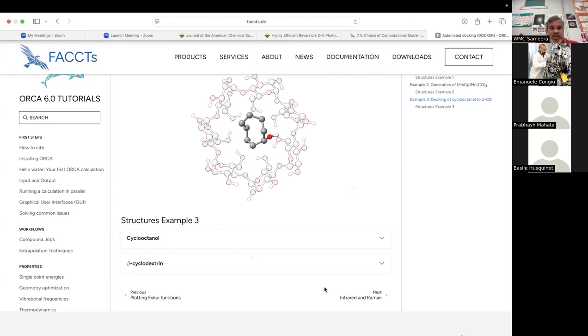Okay, a question: is it worth using multi-scale ONIOM DFT XTB, for example, NEB transition calculation to generate the initial transition structure? Yes, the answer is yes. Your question is about you have a relatively large molecular system, and if you use DFT to compute transition states, it may take a while.